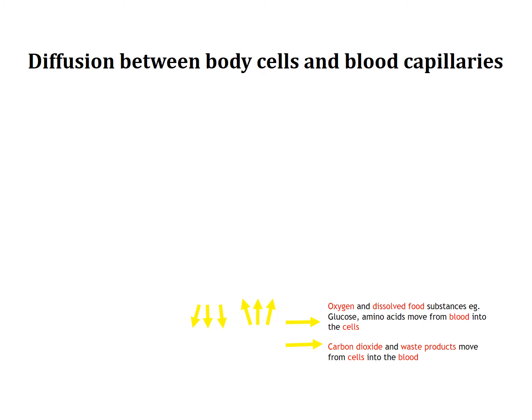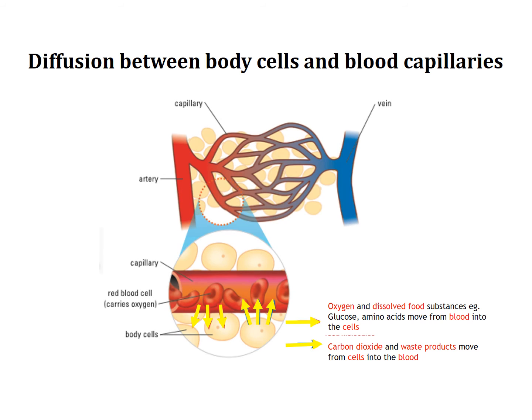Now let's take a look at how diffusion takes place between the body cells and the blood capillaries. So over here we have a picture of the capillary, which is found in the body tissue. All these brown circular shapes are the body cells. As you can see, the blood that comes in from the artery, which finally splits into the capillaries, is red color, which means that it carries oxygen.